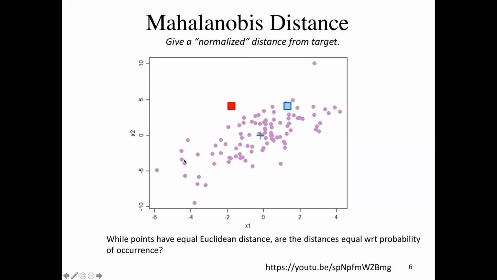So if these are all the measurements I've made of those two features in my data set, now I make one measurement here and one measurement here.